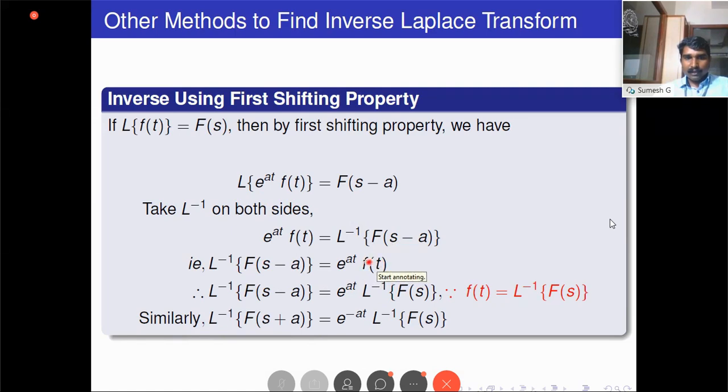Now we have to rearrange f(t) in terms of the inverse transform: f(t) equals the inverse of F(s). Therefore, this gives L inverse of F(s − a) equals e raised to at into L inverse of F(s).